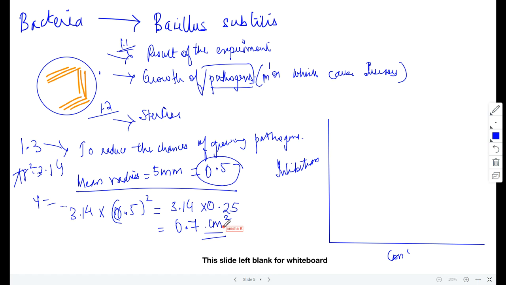Yeah, 0.7. So we have found the value of the area of inhibition of y, that is 0.7, right?